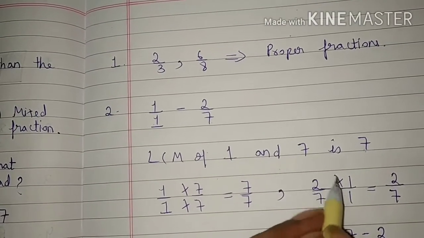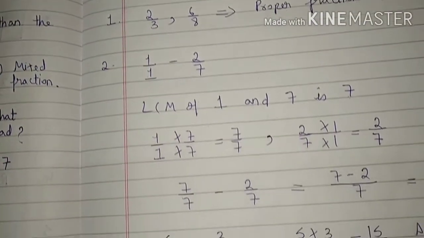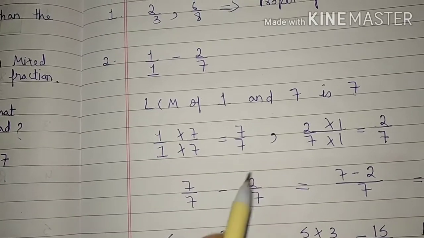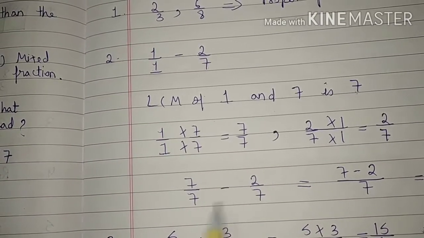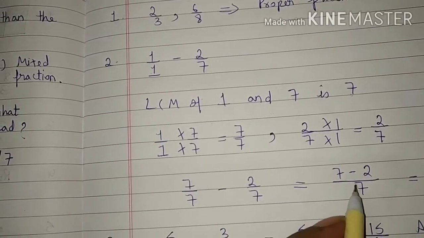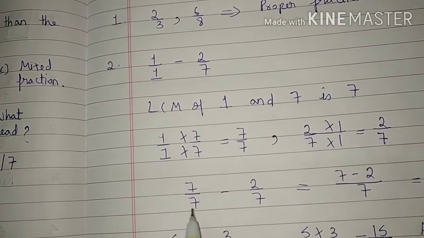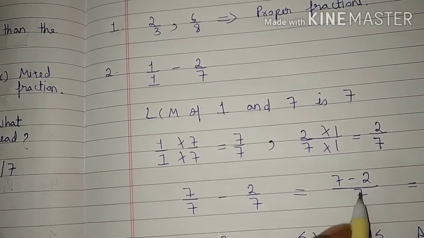So 2 into 1 is equal to 2. Now students, you can see that in both the fractions they have same denominator, that is 7. So we will keep the denominator same, that is 7 here. We will not subtract the denominator. We will keep the denominator same, that is 7.